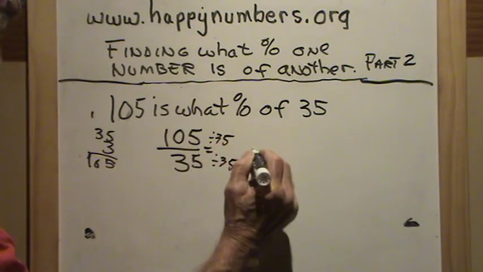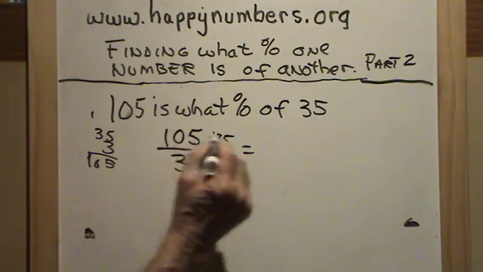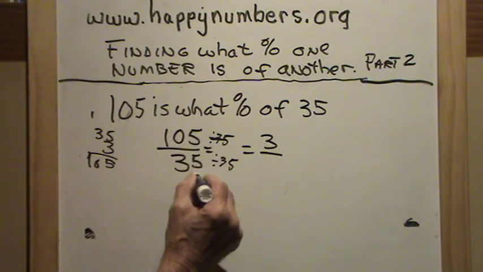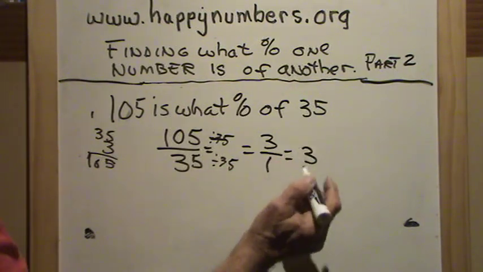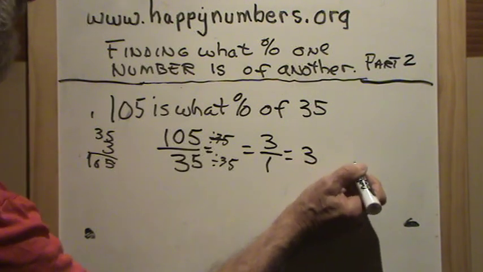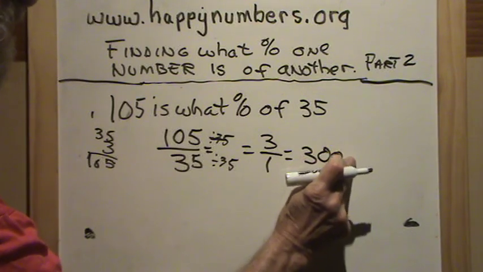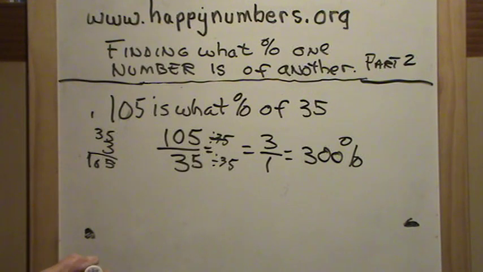I know my 35 times tables, that's why. 35 goes into 105 3 times. 35 goes into 35 1 time. So we have the whole number 3. Now we know there's a decimal place here. And we have to change this to a percent, so we have to move 2 places. 1, 2, so it would be here. So this would be 300%.